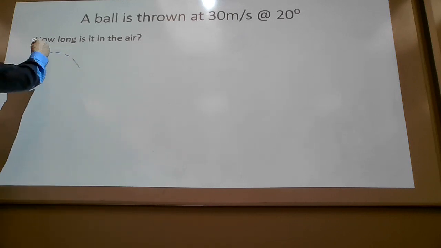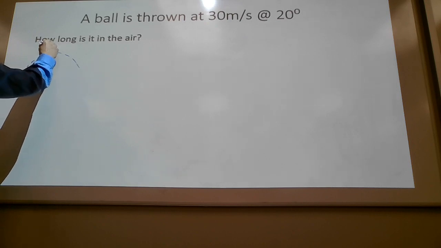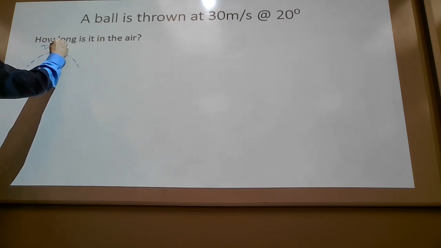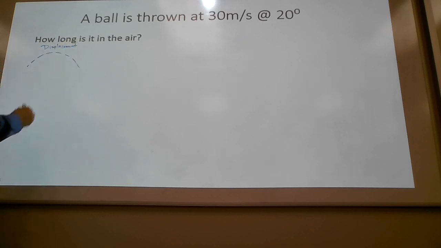Okay. This, you're going to use that to show displacement. Okay. The second one is your velocity vector, your initial velocity vector.